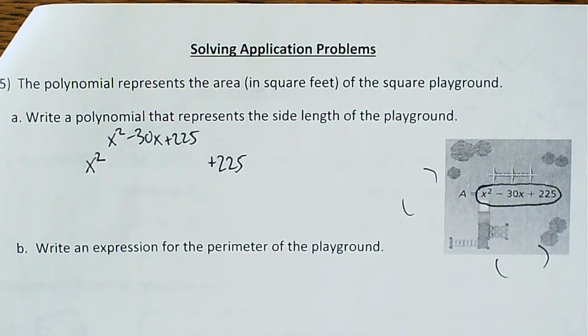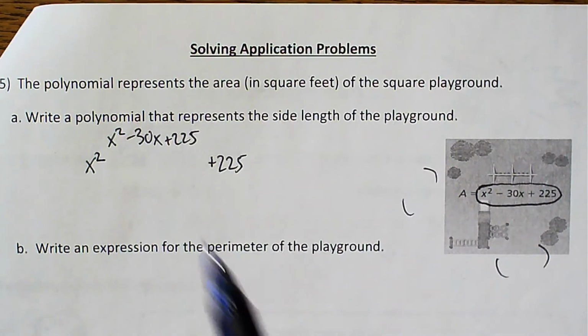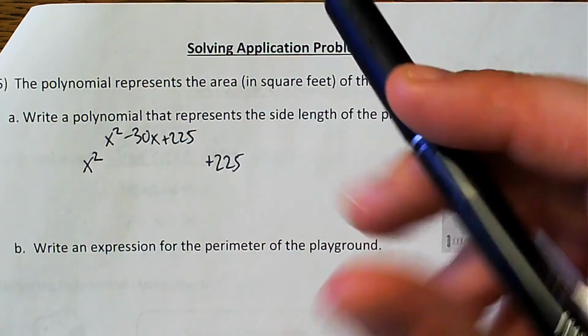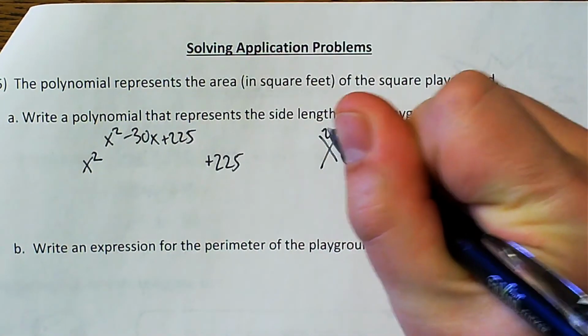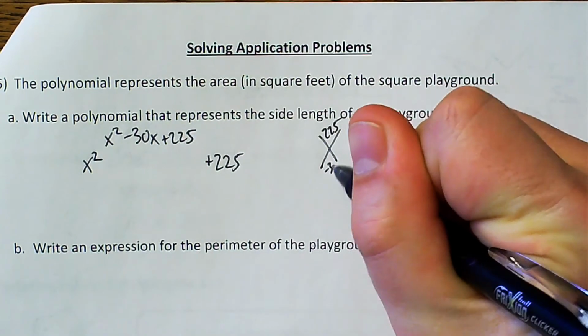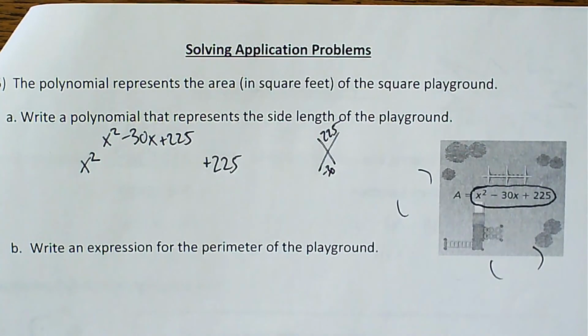And we need to split up that middle term. So how do we split up this middle term? Yeah, big X thing. So we got 225, negative 30. Now those numbers are pretty big, so you could think about it for a little bit and get them, or you could take advantage of the calculator here.